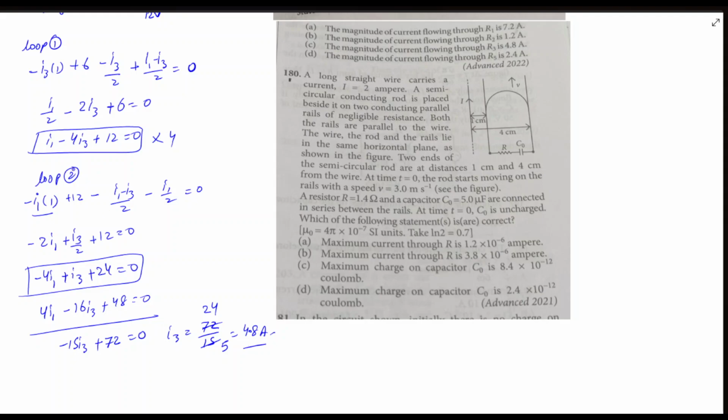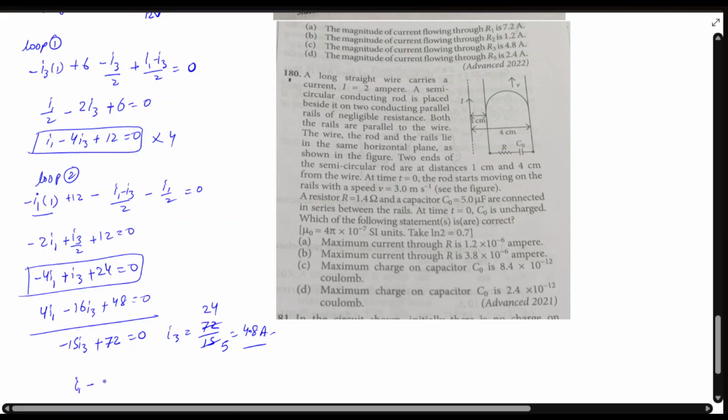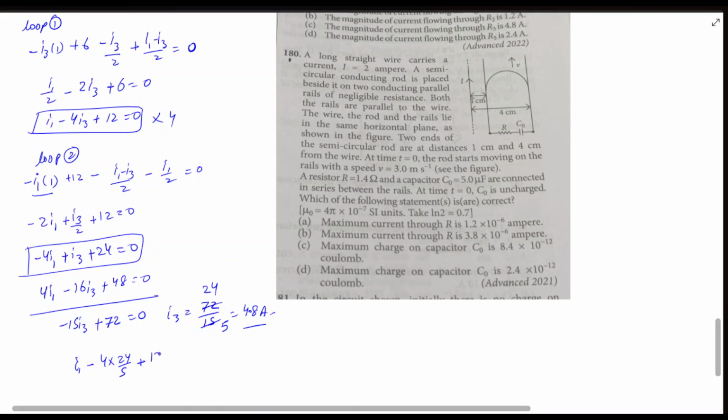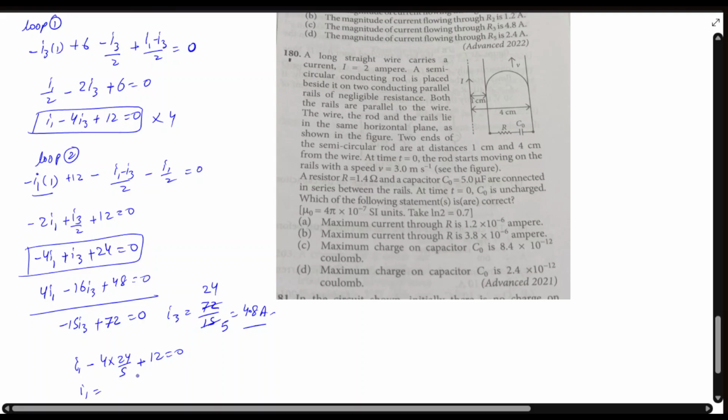So this is I3. Let's put I3 in this equation. So we'll get I1 minus 4 into 24 by 5, right? Plus 12 is equal to 0. So we will get I1 as, how much?